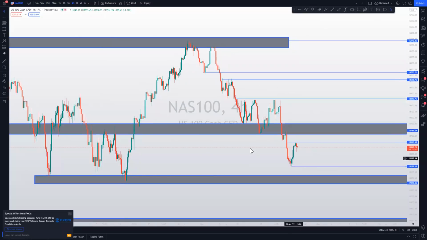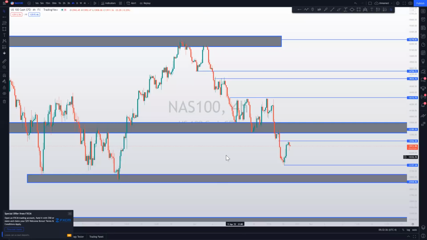So now you could see, if I were to ask you what pattern are we forming here? What pattern? Double top. Okay, check. We are about to form a double bottom because price came down like this and then it went up, then it decided to come down.